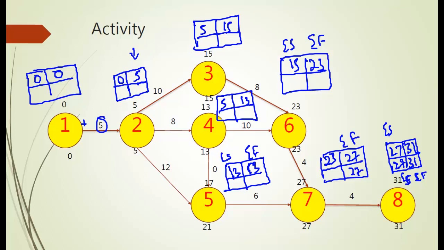How will we calculate this one? It will be 27 minus the computation time, 27 minus 4, that is 23.